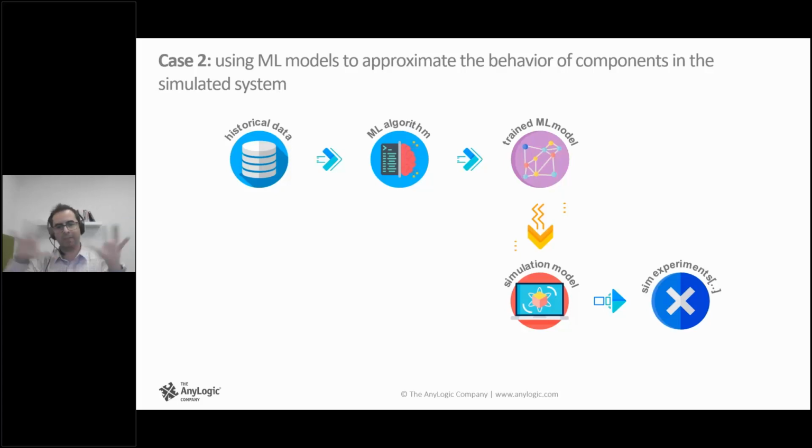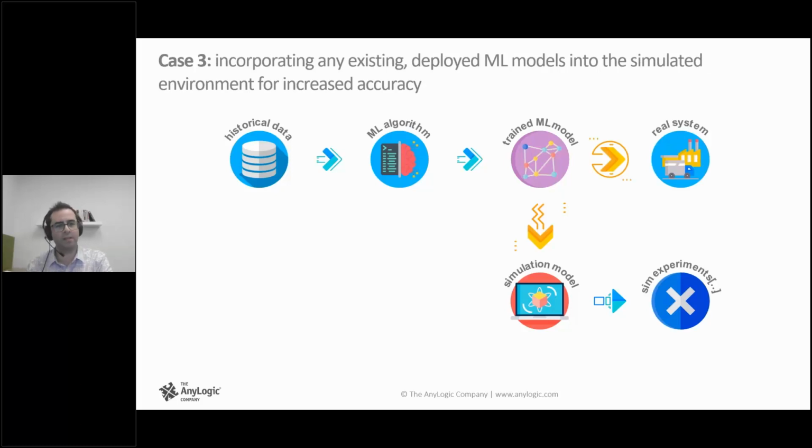And then you have a comprehensive model that also has aspects modeled with first principles and some aspects that are data-driven.